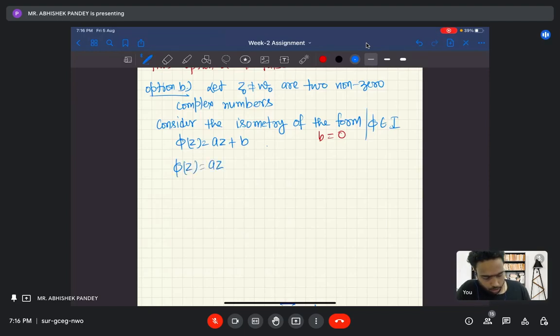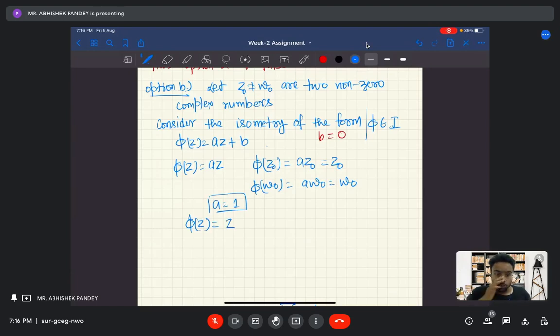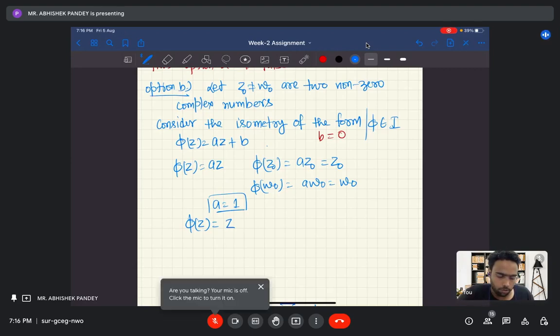Also phi(z naught) is a times z naught, and this equals z naught because it is fixing z naught and w naught. And phi(w naught) is a times w naught, equals w naught. So basically we are getting a equals 1, so phi(z) is basically z. So this type of isometry will always be the identity when we are talking about fixing two points, z naught and w naught.